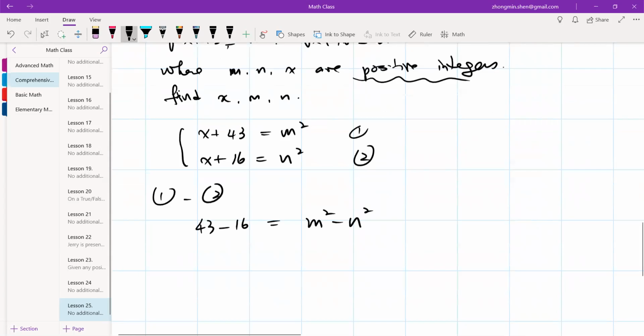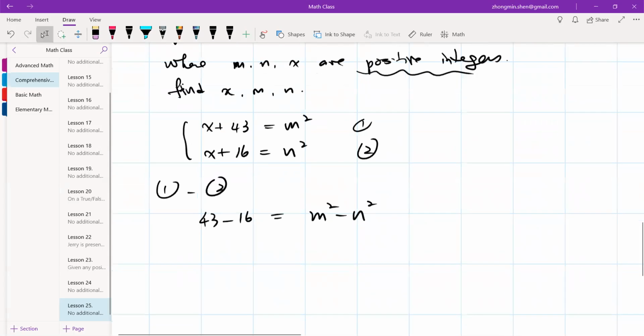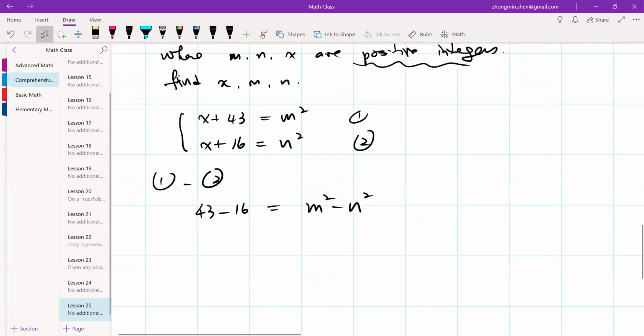Of course, you are not able to uniquely determine m and n, but very close, because m and n are integers. 43 minus 16, so the answer will be 27. 27 equals this.